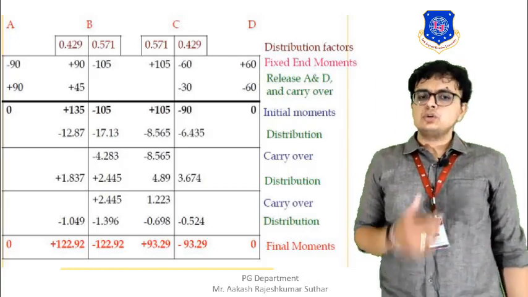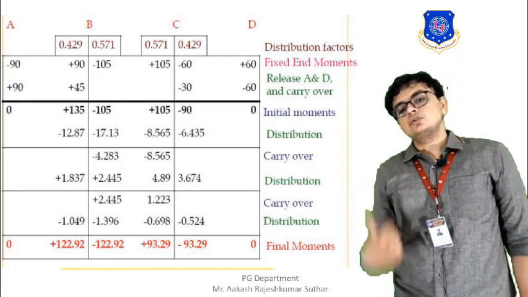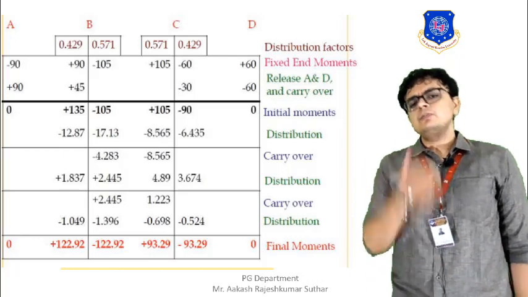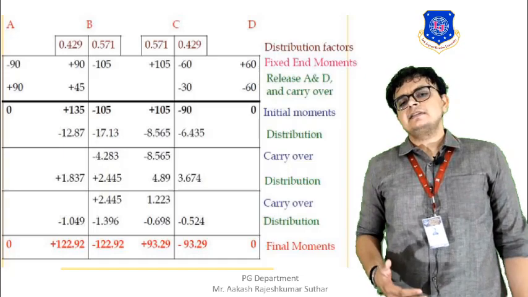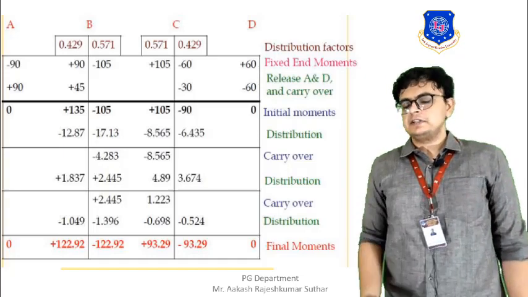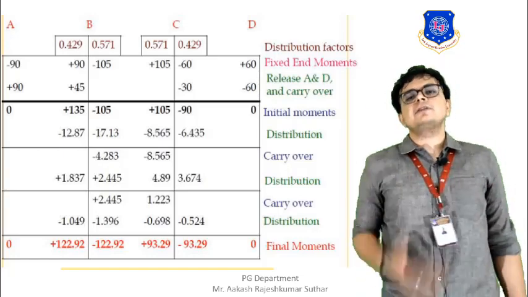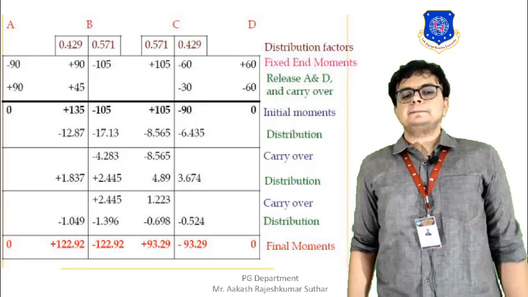After doing the summation from the initial moment step to the final distribution step, all the moments will be added, according to whatever sign it has. If it is positive, it is required to be added. If it is negative, having a subtraction sign, it is required to be subtracted.